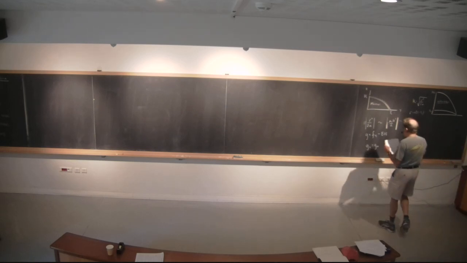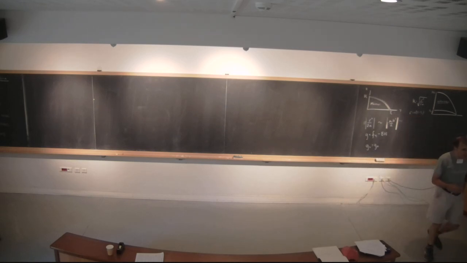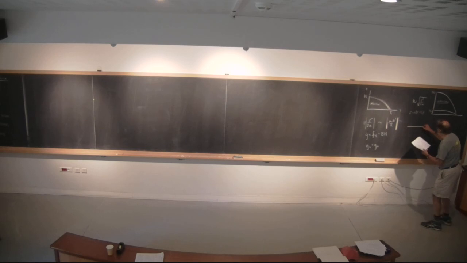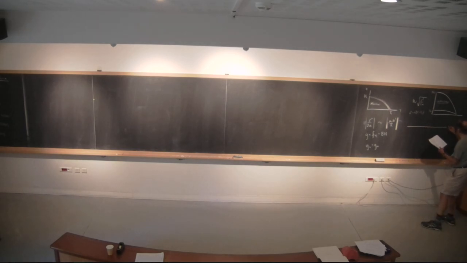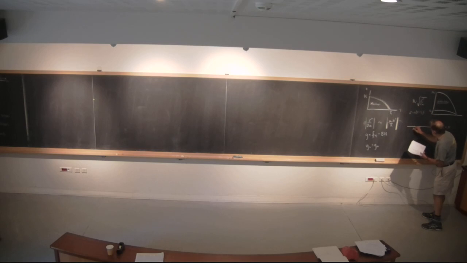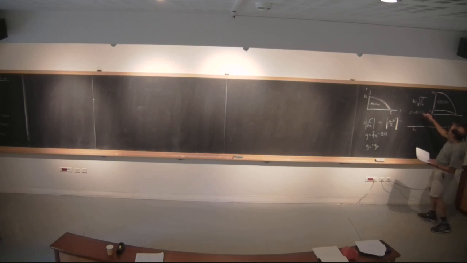It's a longer digression than I have, although it will be in the notes. Let me just summarize the key points of the magnetic field phase boundary here. Here is Hc1, and here is Hc2. These two fields are determined relative to this field Hc.